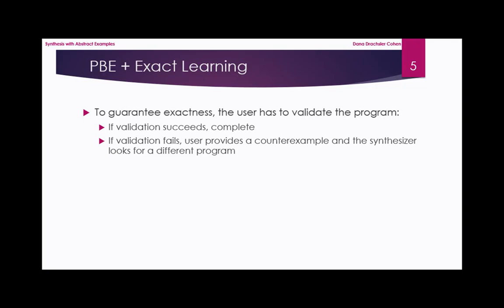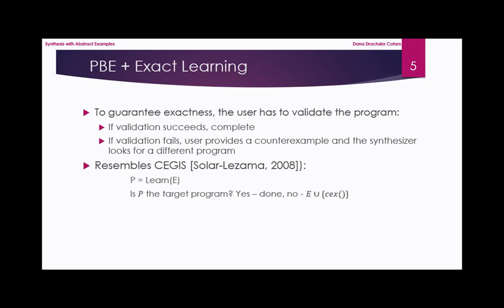This might look familiar to some of you, because in a way this resembles Sigi's counterexample guided inductive synthesis, where you learn a program based on some examples, and then you ask, is this the correct program? Usually you ask this of a specification or some other naive implementation of a program, but based on this, you can guarantee the exactness that we want. In fact, this fits into the setting of exact learning.